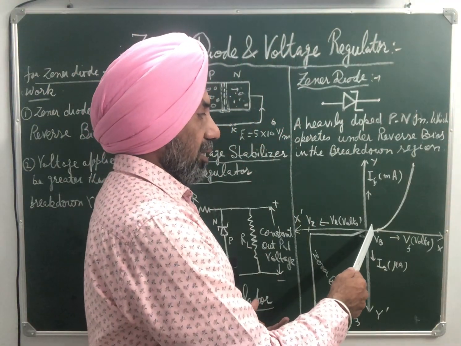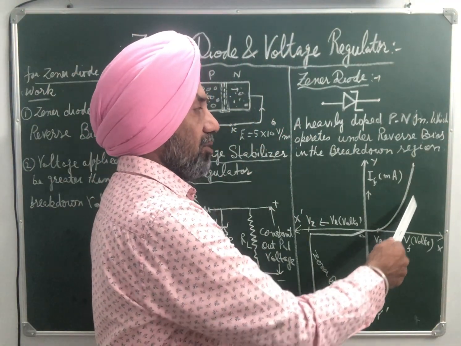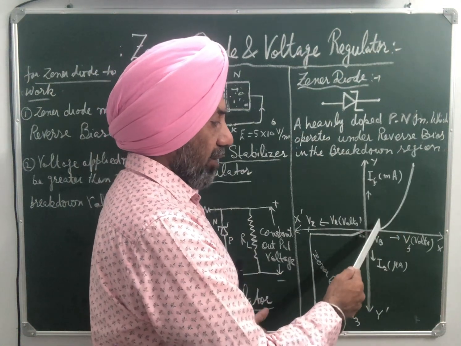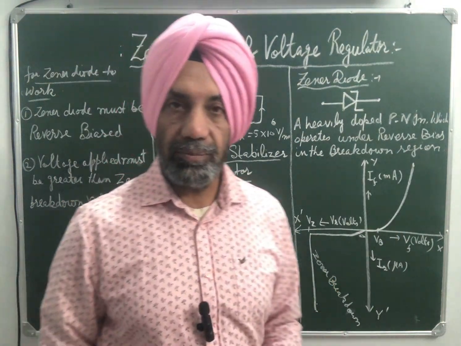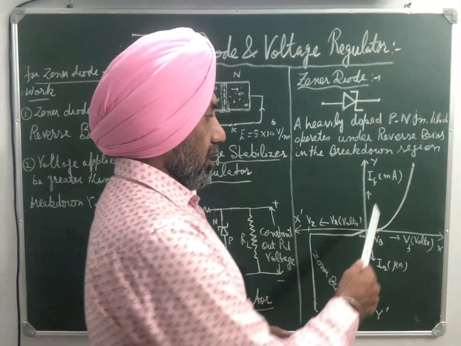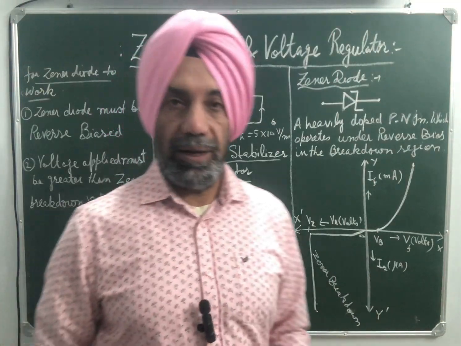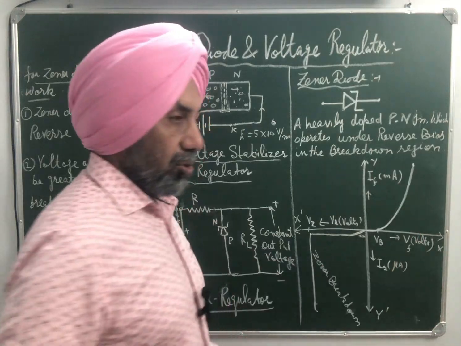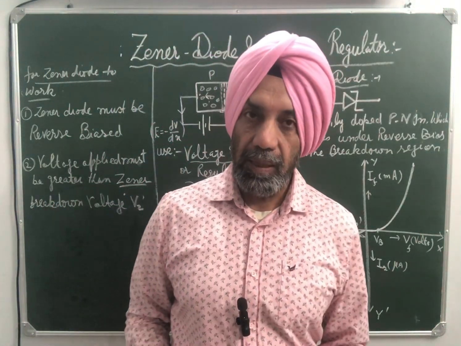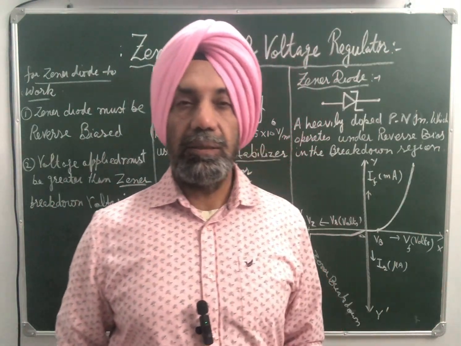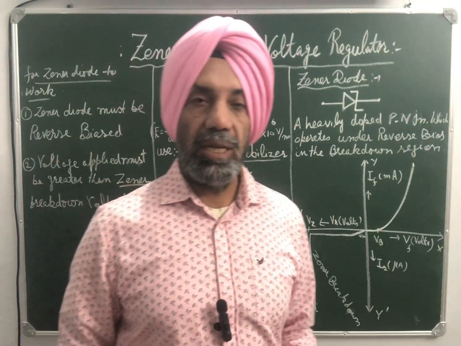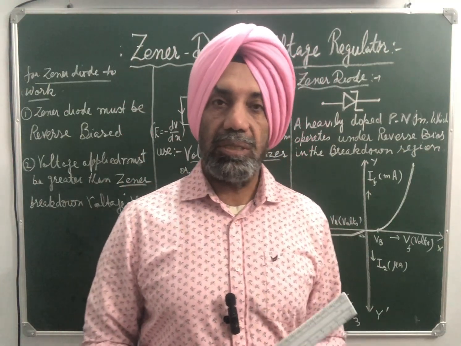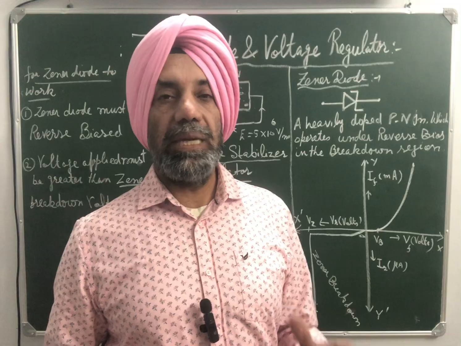Current increases rapidly with the increase of voltage beyond a certain value called the potential barrier. So it offers less resistance to the flow of current when it is forward biased. This is the graph for Zener diode also. In the forward bias condition, Zener diode behaves similar to an ordinary PN junction diode.